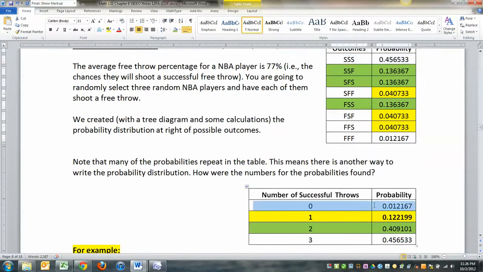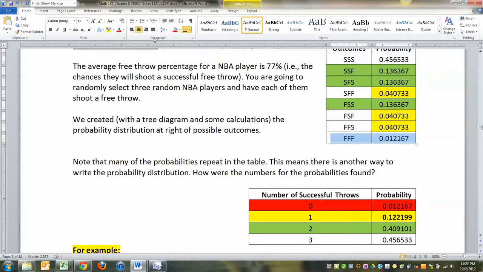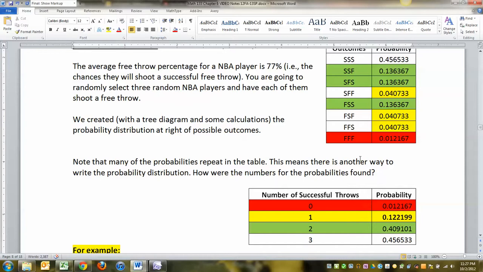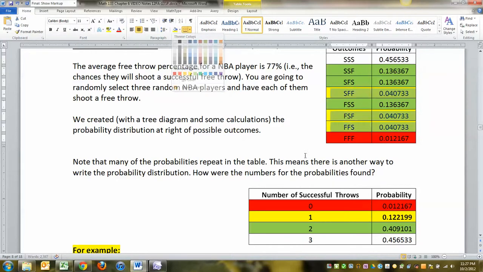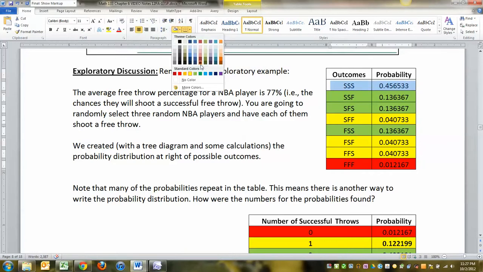So the table, I'm going to do all this in color. Let's do red for no success. That's kind of sucky. So let's make that one red. So that's where that one comes from. Then these are all yellow. Right? And then green, and then the white one here, I'll just have to give it a color.